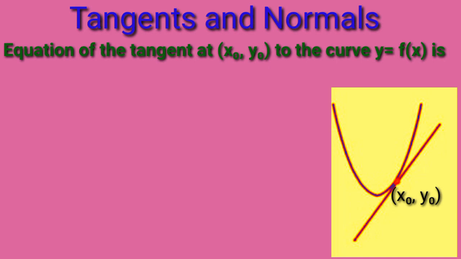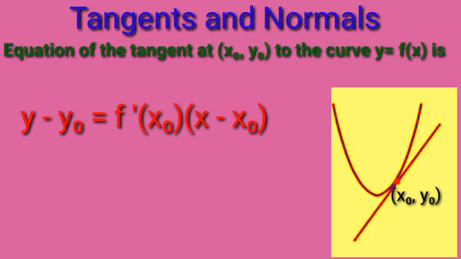Here the slope is f dash of x0. So the equation of the tangent line is y minus y0 equals f dash of x0 into (x minus x0).